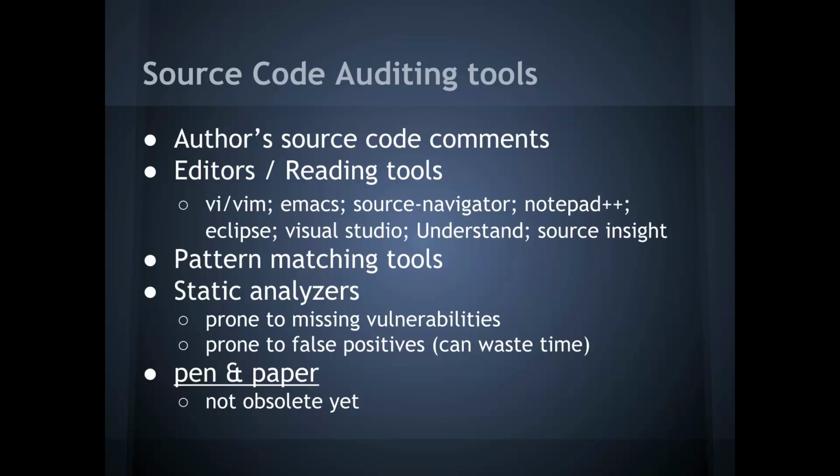But lastly, the tool that I find most useful and people I know find most useful is pen and paper. It is going to be the most useful thing. You don't want to edit the source code when you are auditing it. That's usually a no-no.